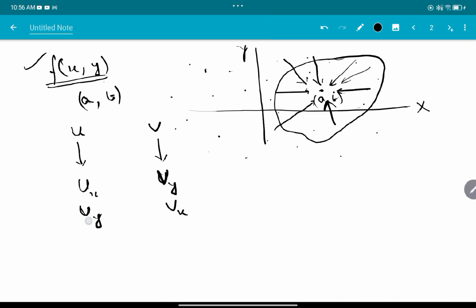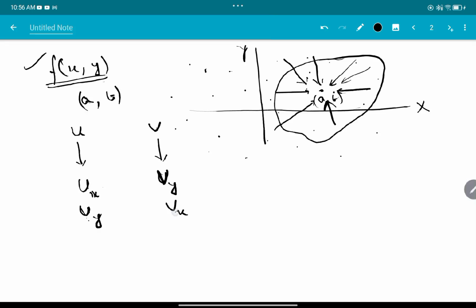Because derivatives can be defined only if the functions whose derivatives they are are continuous. That means u and v have to be continuous for the existence of these partial derivatives. So partial derivatives must exist.